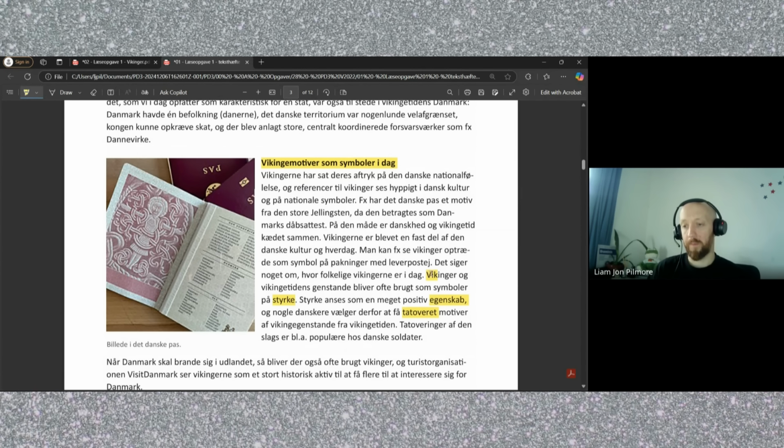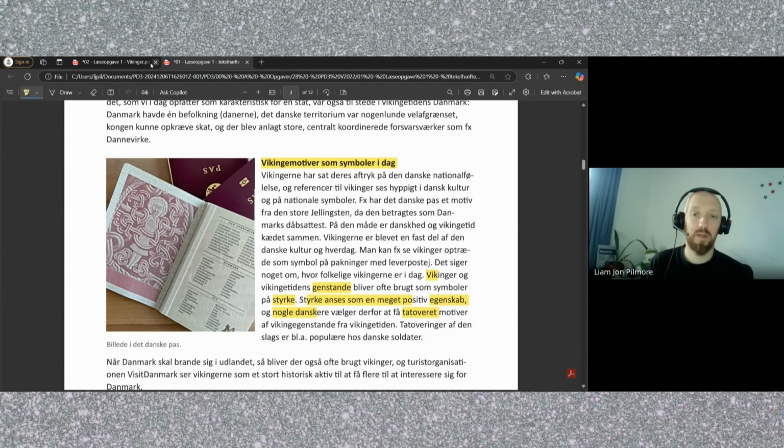Perfect. So Vikings and the Viking Age's items, genstande, they're often used as symbols of strength, styrke, and strength is perceived as a very positive characteristic. So some Danes choose, therefore, to get these tattooed motives of Viking items from the Viking Age.